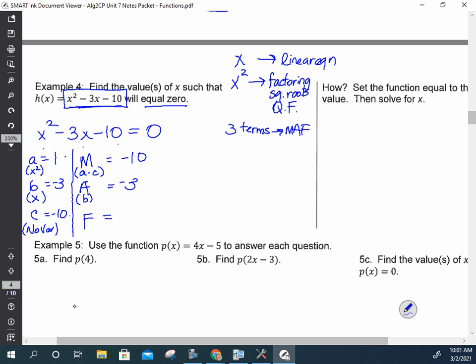Give you a quick second to think about it. -5 and +2. So, -5 times 2 is -10. -5 plus 2 is -3.